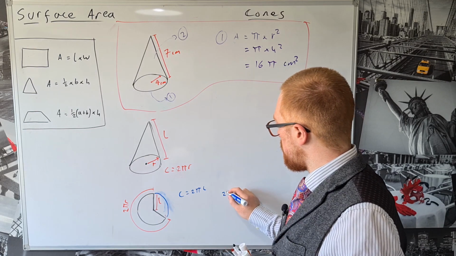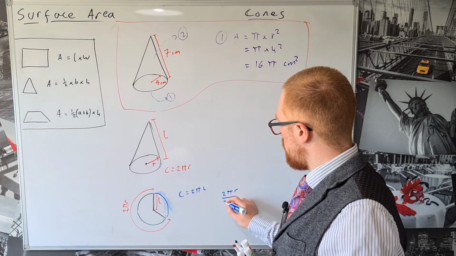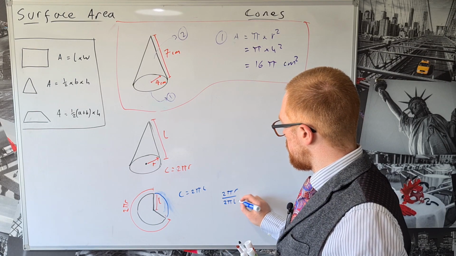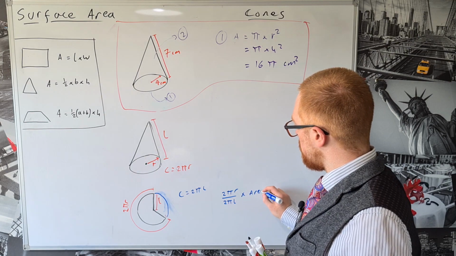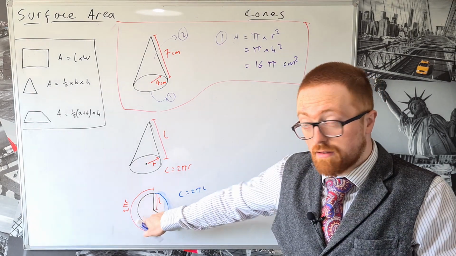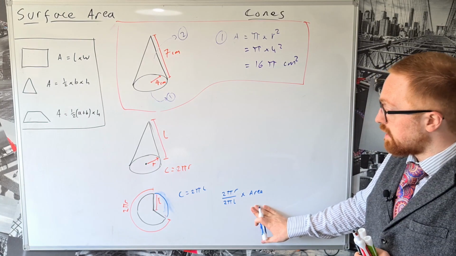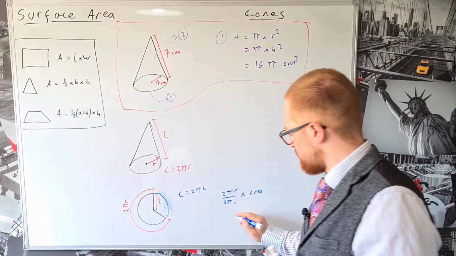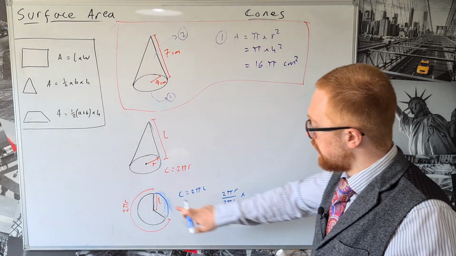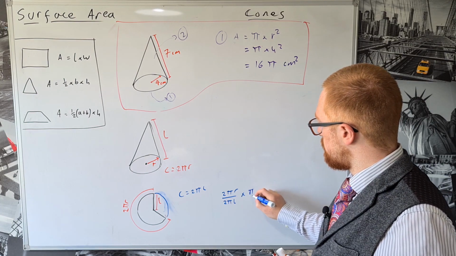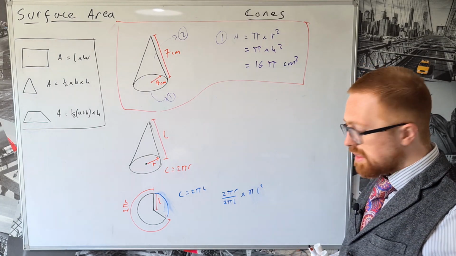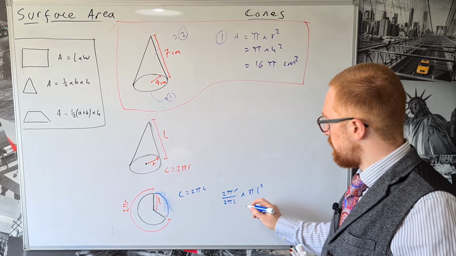So we get 2 pi r over 2 pi L times the area of the full circle, which is going to give us the area of this sector. Now, the area of the full circle is pi r squared, which here is pi times L squared. And then we can cancel this down.